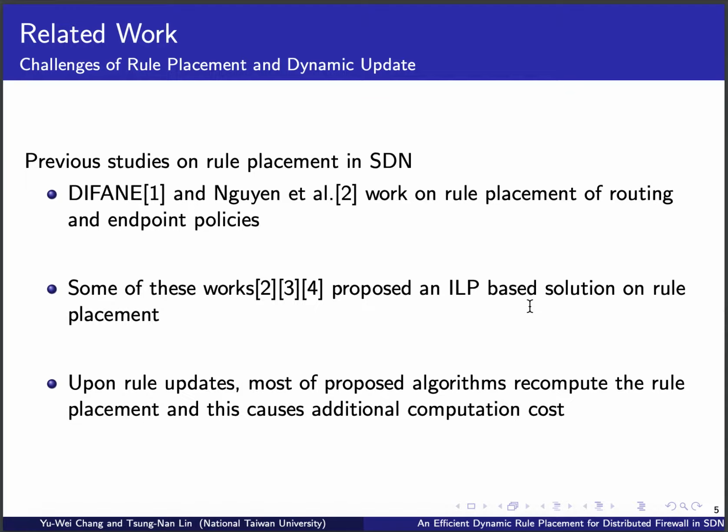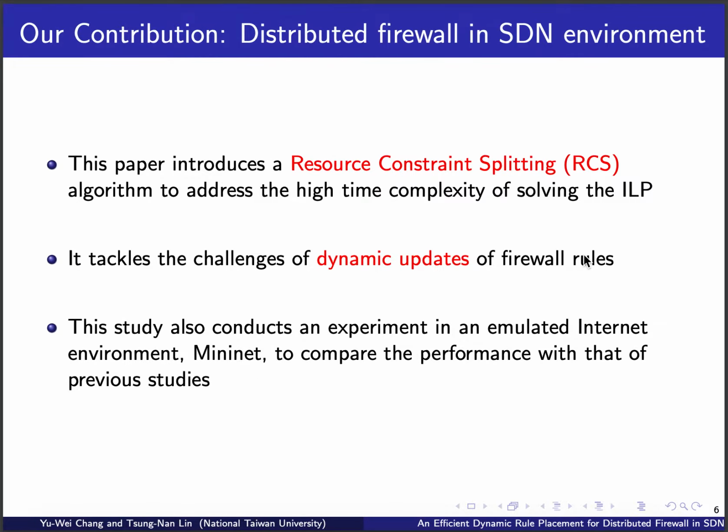So our work has addressed the high computation cost of integer linear programming based solutions and proposed this resource constraint splitting in order to lower the computation time. And this resource constraint splitting can also tackle the challenge of dynamic updates of firewall rules.